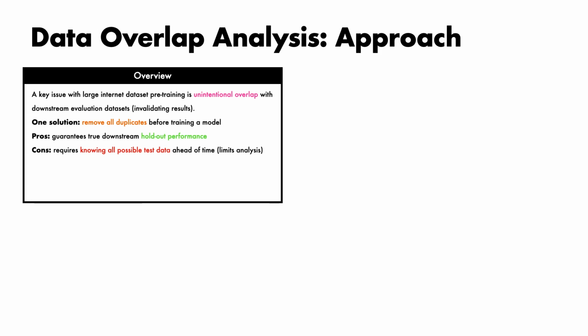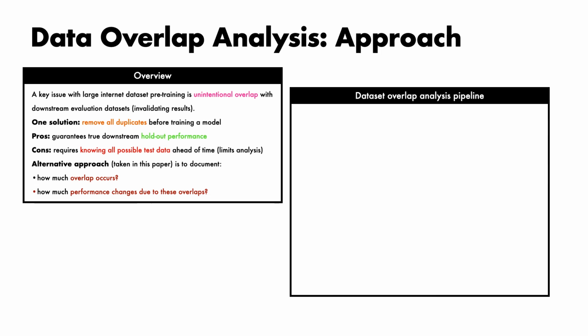the model. An alternative approach, and the one taken in this work, is to carefully document how much overlap occurs between the training set and each evaluation set, and how much the evaluation performance is changed as a result of these changes. To implement this strategy, for each evaluation dataset, a three-stage pipeline is used. First, to estimate contamination, a new duplicate detector is run on the evaluation set.